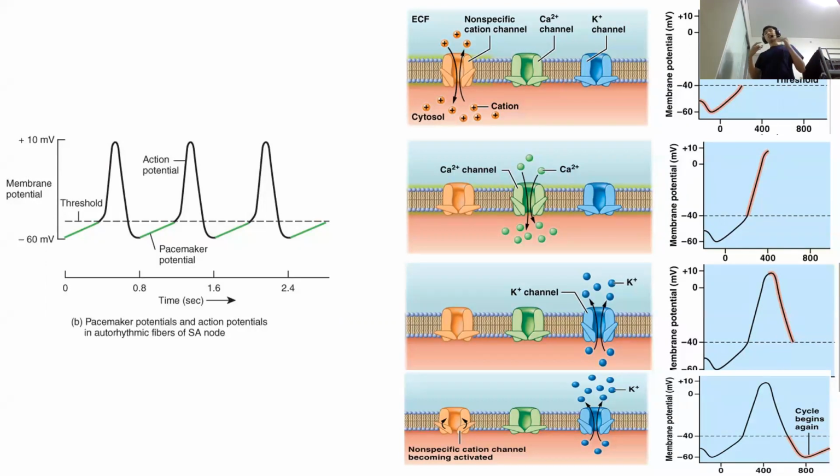Then this closes the non-specific cation channel and opens the calcium channel. It allows the influx of calcium from extracellular to intracellular and increases the membrane potential. After a while, when it gets depolarized, the potassium channel opens and potassium rushes out from intracellular to extracellular.